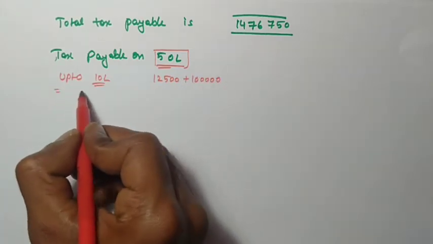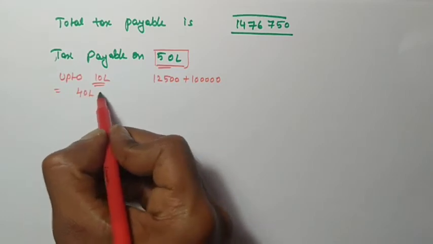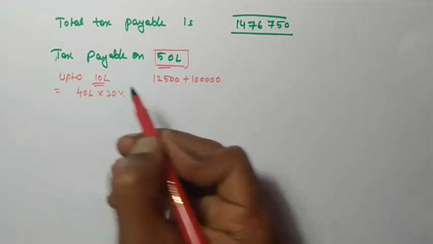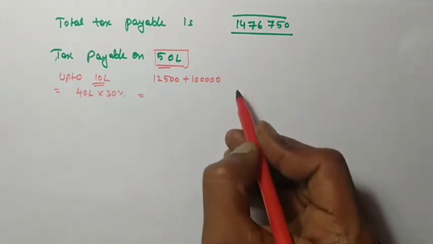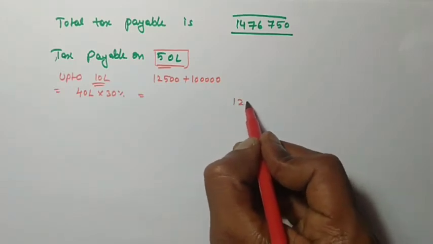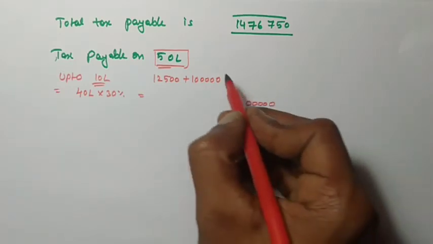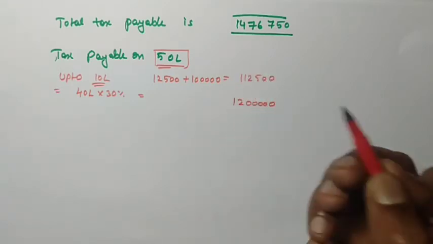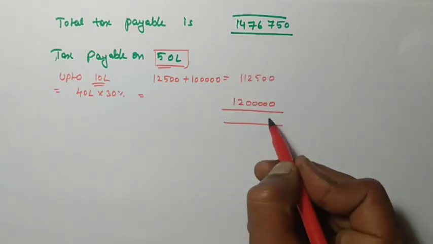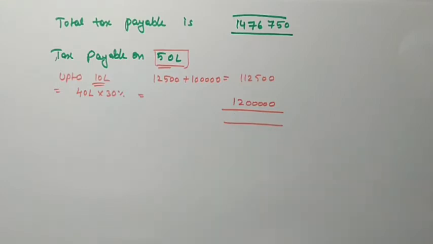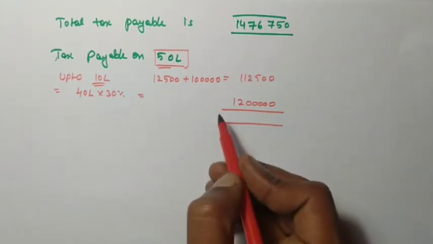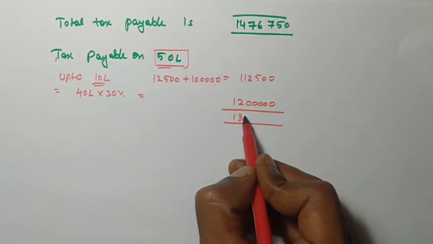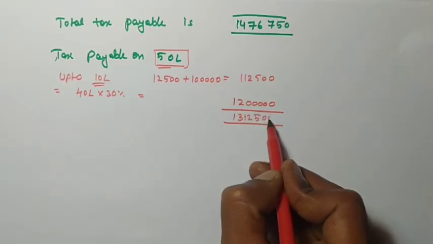After that we should calculate on 40 lakh into 30%, that is 12 lakh. This is 1,12,500. Total will be 13,12,500.